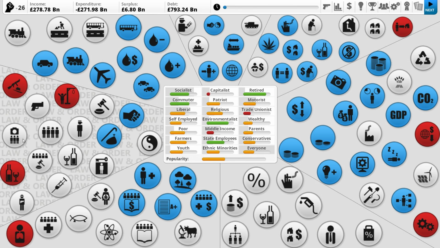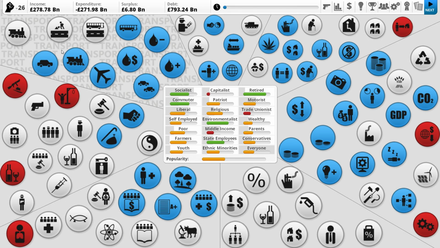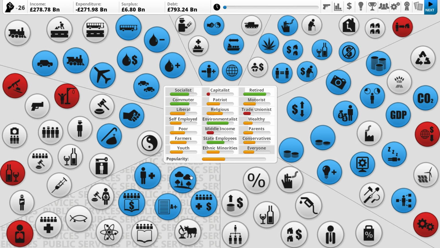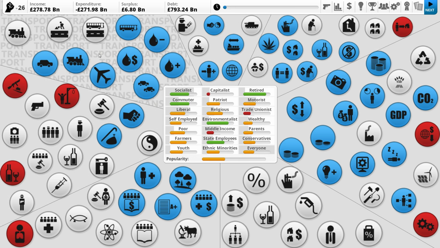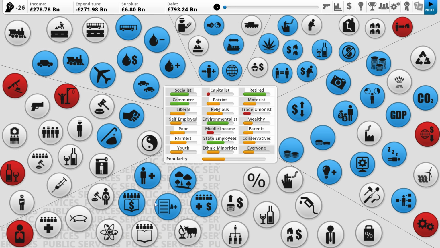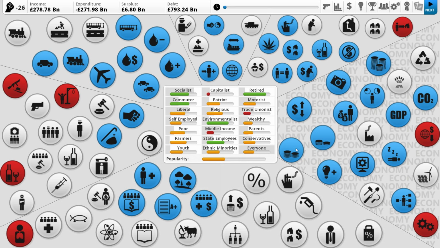Well, this is Democracy 3, a screen full of icons, and they are all connected to one or more others in some way. So the blue dots are the main information about your country. You can say it like that, I think.